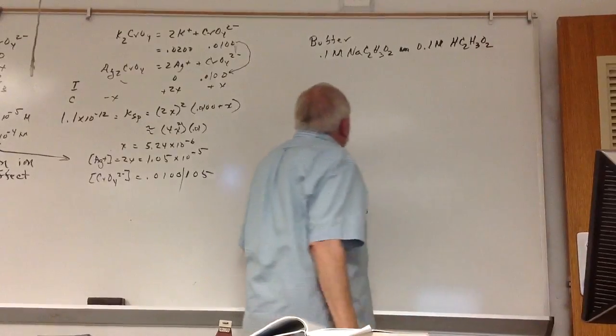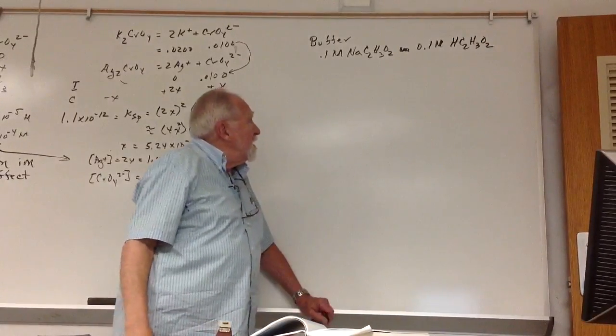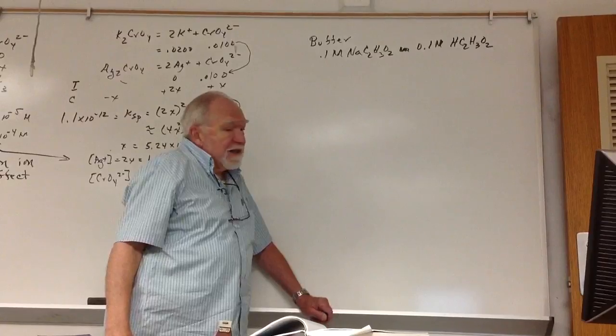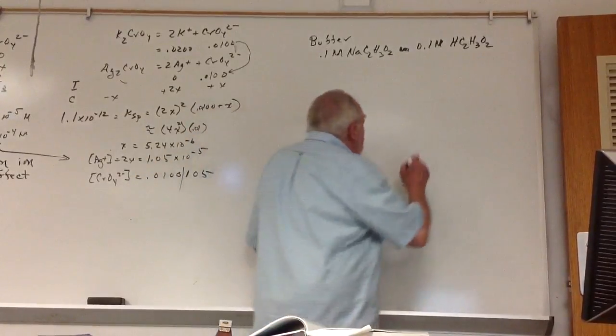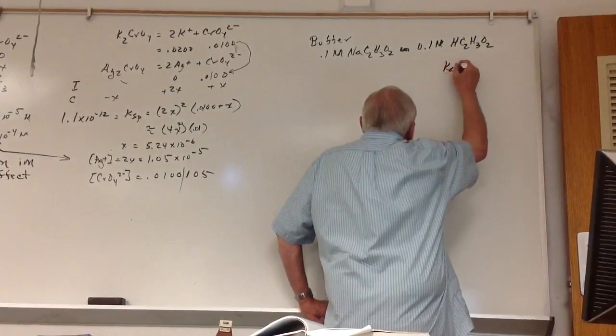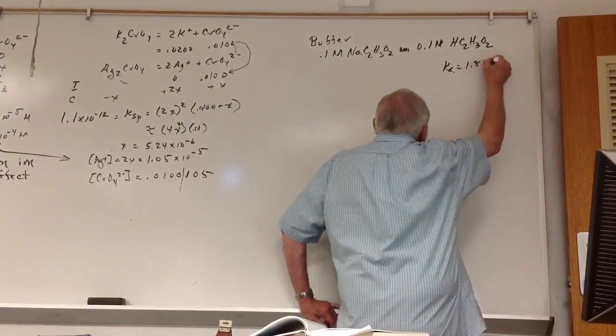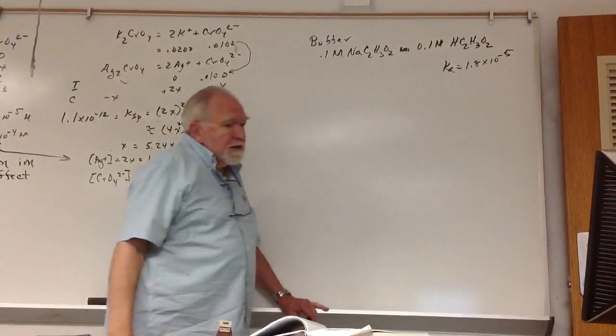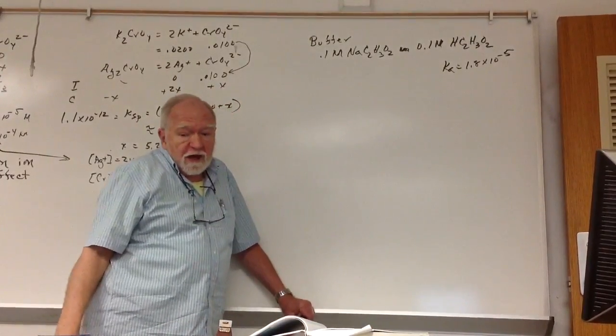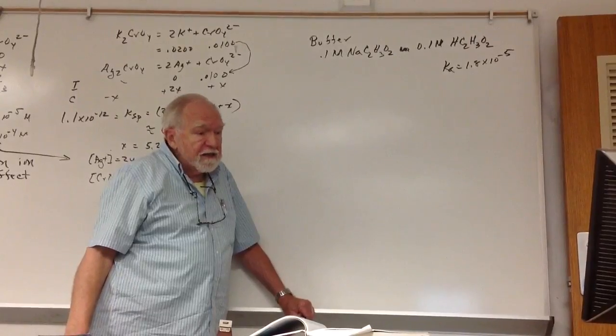If I have 0.1 molar sodium acetate in 0.1 molar acetic acid, Ka 1.8 times 10 to the minus 5, that's sort of the way you see it on a quiz. What's the pH, or what are the concentrations of the various ions?